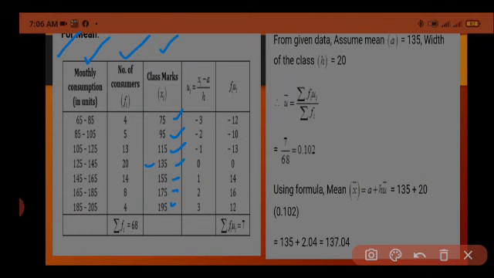So using this formula we will find all these things, and then fi ui we will find for all these, and then all the negative terms added together and positive terms added together separately, and then after subtracting we are getting 7. Okay, so using the formula we have found the mean.